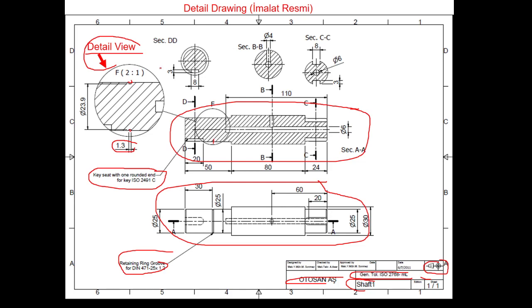Well, you can find a video record. It is just to inform you what to do for creating a detail view in Inventor. I don't want to demonstrate how in this video because the record is available.